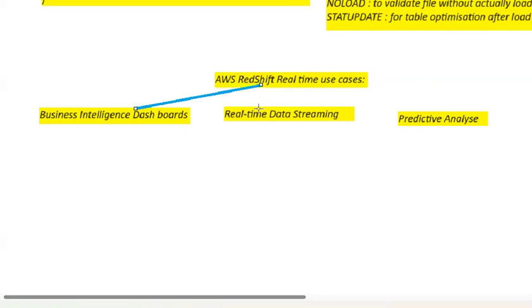Let's say I have put my data under Redshift. Now I am using this Redshift as my database. Now, what is the major challenge I face while using this Redshift? The major challenge we commonly face is managing performance during peak usage.